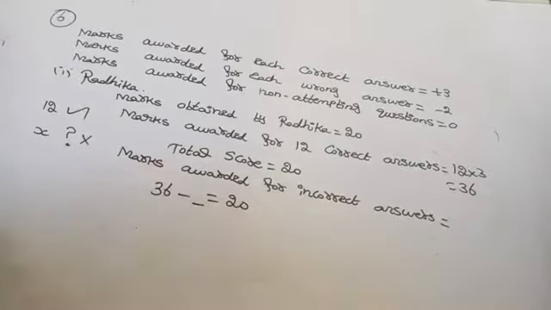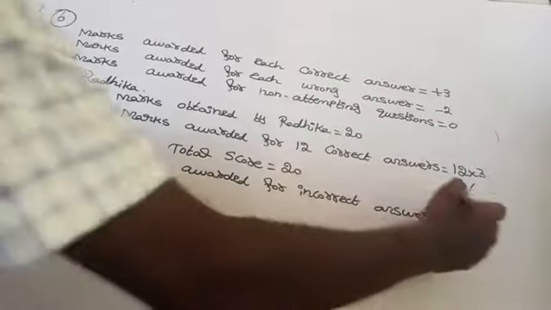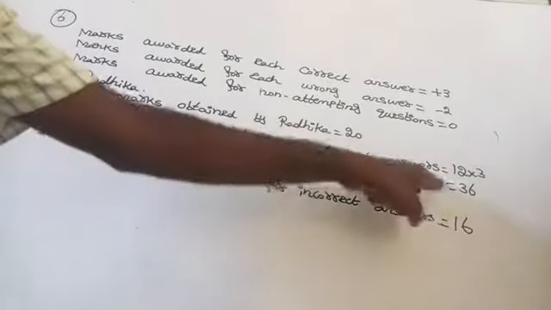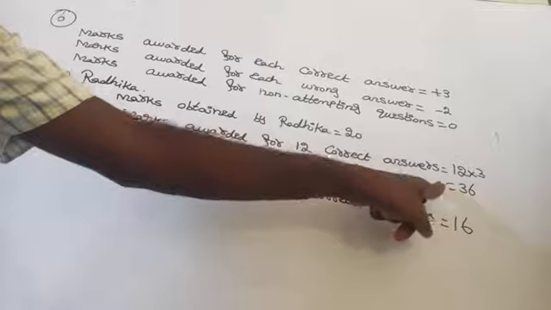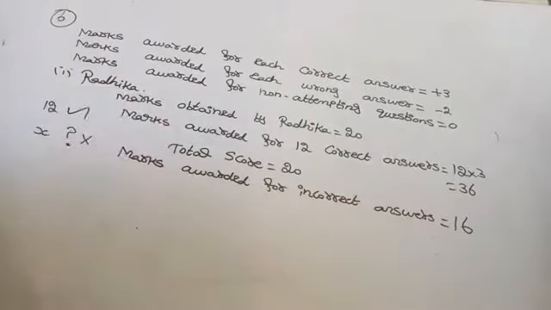So this number should be 36 minus 20, that is 16. That is the marks awarded for incorrect answers. 36 minus 16 is what? 20. The total score is 20. This is the marks for correct answers, this is the marks for incorrect answers. Am I right here?